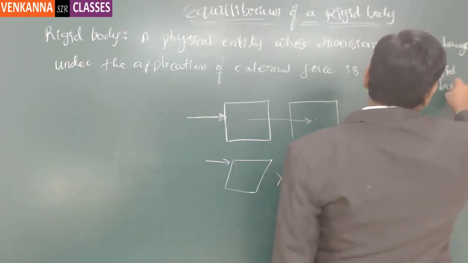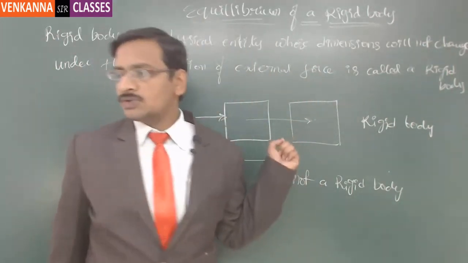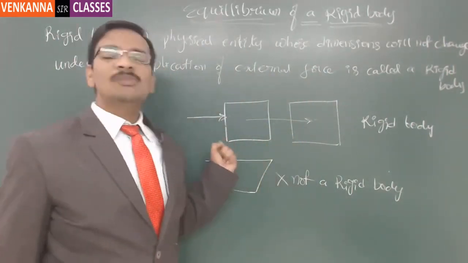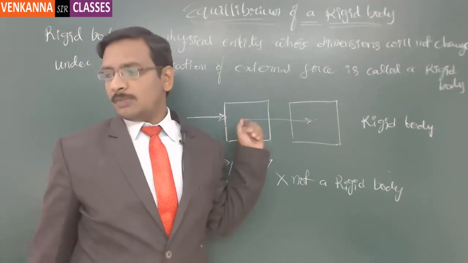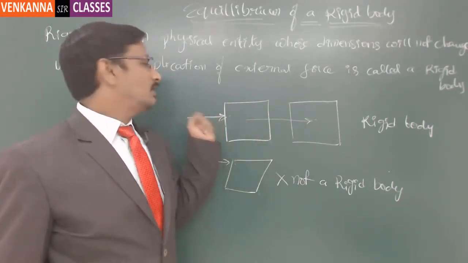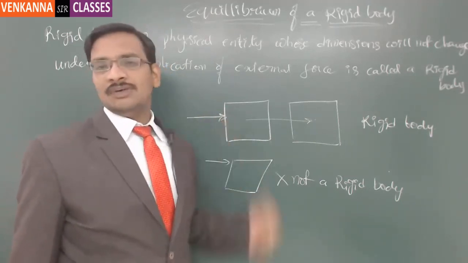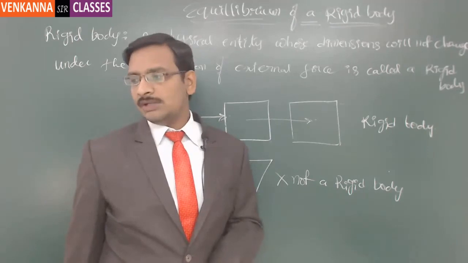So why we define this separately is, under the application of any force, usually there will be certain deformation of the body irrespective of the magnitude of the force. Usually even if you apply a very, very small force, then there will be a little deformation but may not be noticeable in magnitude.